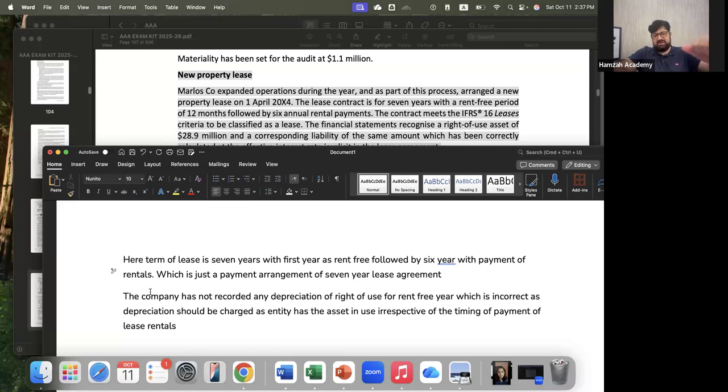It's just a payment arrangement. The company has not recorded any depreciation for it, which is incorrect. As depreciation should be charged as the entity has the asset in use, irrespective of timing of payment of lease rentals. So now we are calling it incorrect.